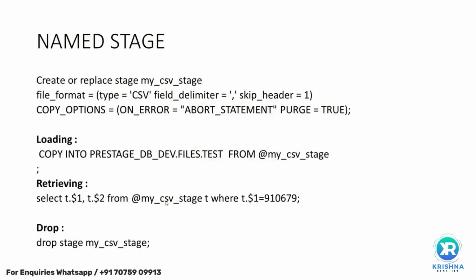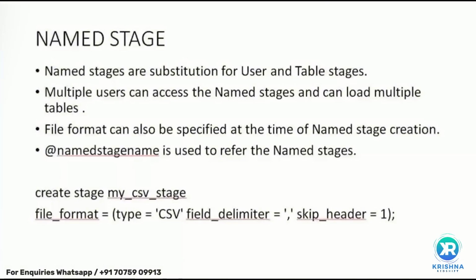We can query the stage like we query normal tables. That is also possible. We will see that. And of course, then you can drop the stage if you want. So we create the stage with create or replace stage, load, query, and then we can also drop.